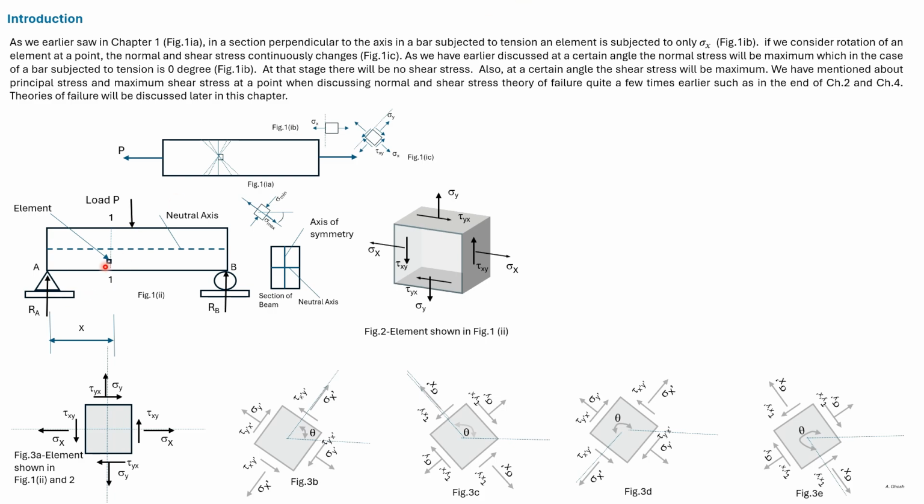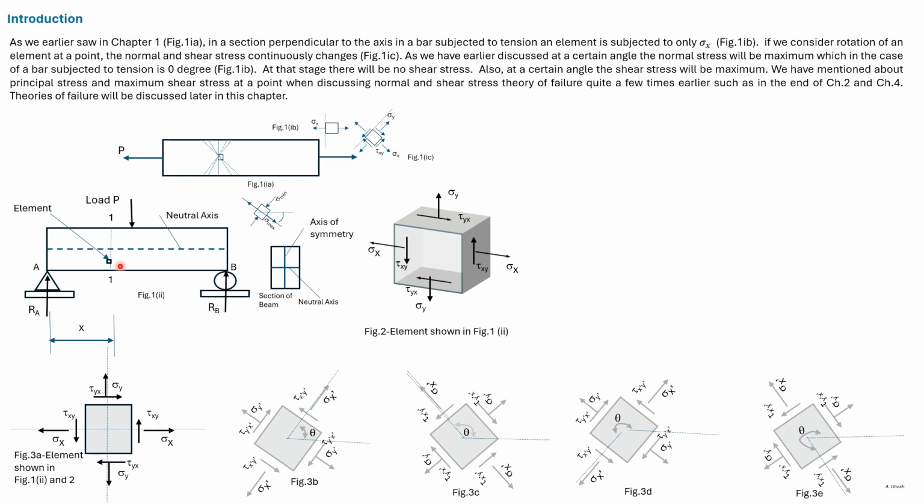Let this element be in between the neutral axis and the bottom layer. Due to moment, there are normal stresses acting on this element, and due to shear, there are shear stresses also acting on this element.